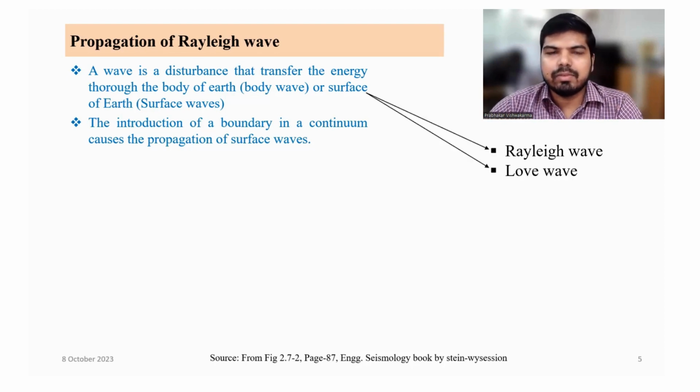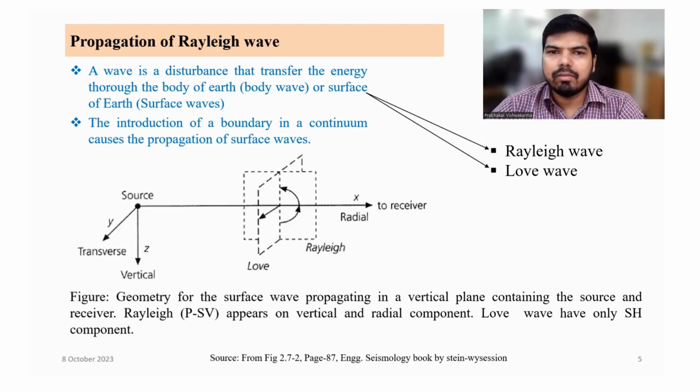The waves are of two types, body wave and surface wave, and surface waves are also of two types, Rayleigh wave and Love wave. If you have a source and you define the x direction, y direction and transverse direction, then once the surface wave propagates, the Rayleigh wave will propagate along the radial direction. Retrograde motion is there for the Rayleigh wave.